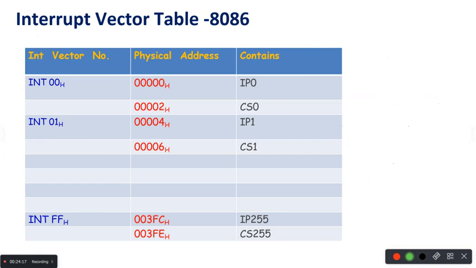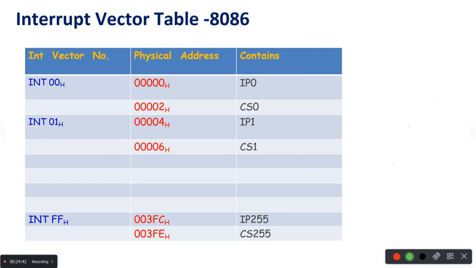Now, what is this interrupt vector table? I told you that all the interrupts have their own numbers: interrupt 00H, interrupt 01H, up to interrupt FFH.